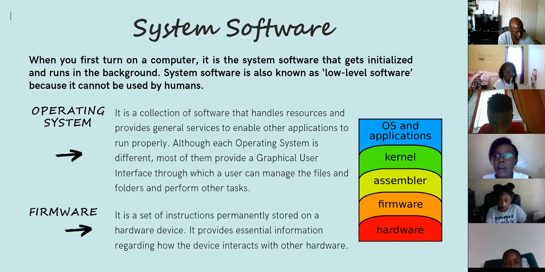But when they're being built in the company, a certain software is put inside them to enable the RAM to know, I am RAM, I am supposed to store the input given. I am a CPU, I am supposed to be processing. That kind of software built inside these devices is known as firmware.